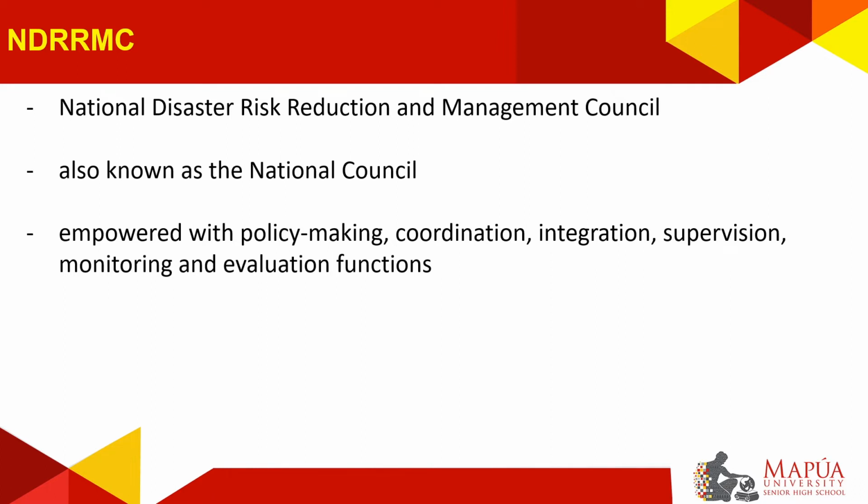This is the National Disaster Risk Reduction and Management Council, a council made up of different personnel from the government that has the role of policymaking, coordination, integration, supervision, monitoring, and evaluation when it comes to the DRRM functions of the national government. This will also be known as the National Council.